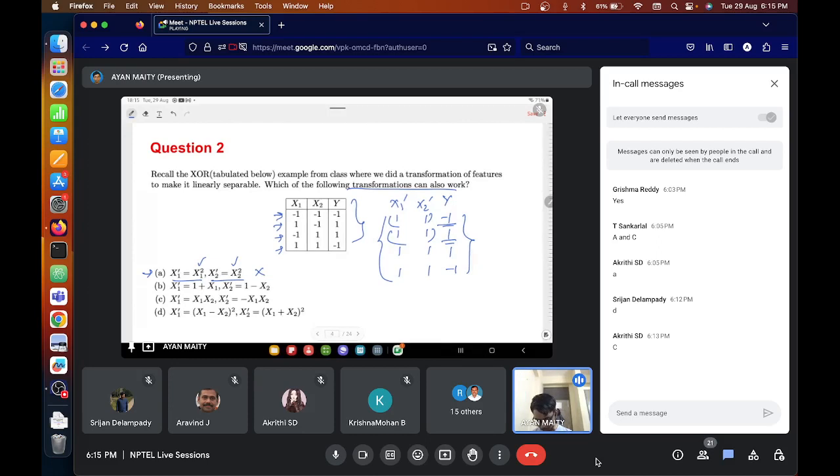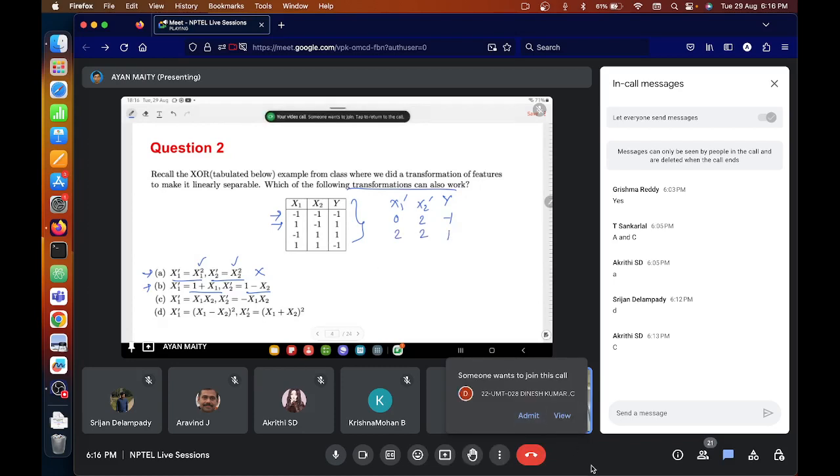Then we will try out option B. Similarly we will plot it again, and here the transformation is x1 dash is 1 plus x1, so this would become 0, and x2 dash is 1 minus x2, so this would become 2. Then the second point, the first point is done. For the second point it would become 2 2, and this is 1.